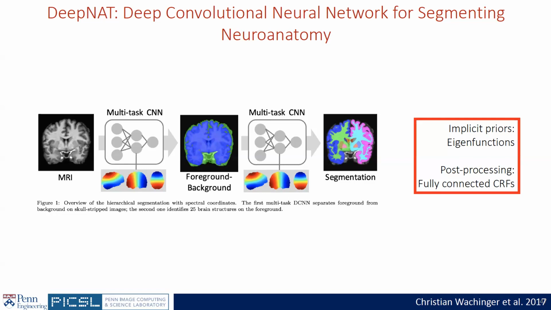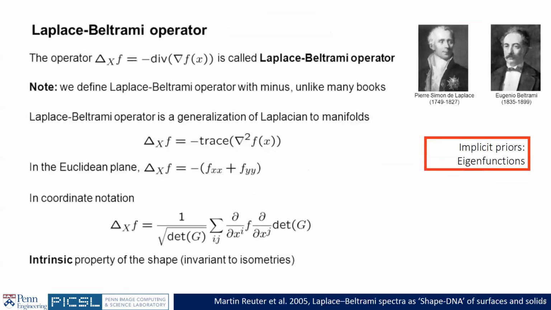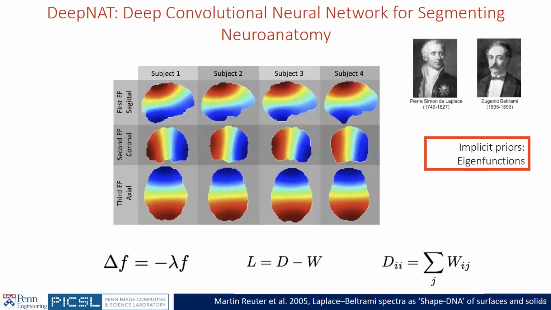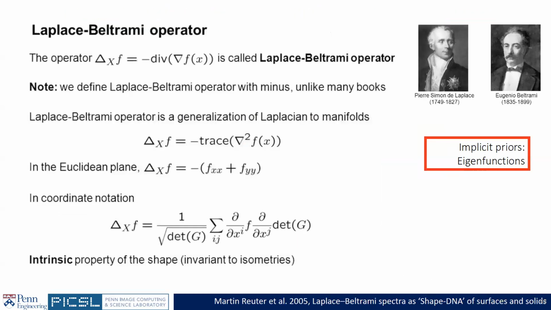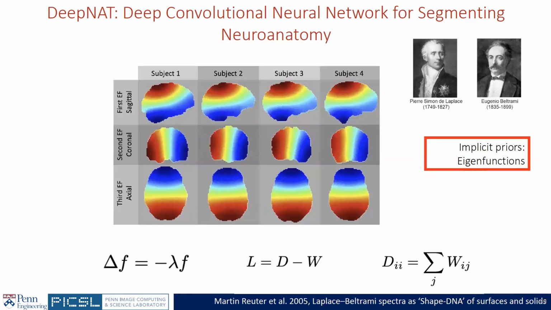And once you have those segmentations, right, you can compute the Laplacian on that, right? And once you compute the Laplacian, you can decompose it into its eigenvalues and eigenfunctions, or eigenvalues and eigenvectors. Eigenvectors in mesh domain are called eigenfunctions, right?